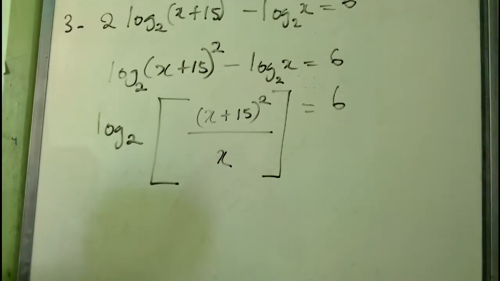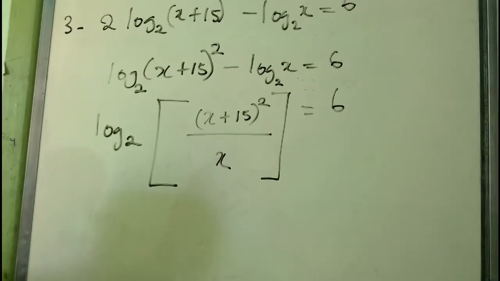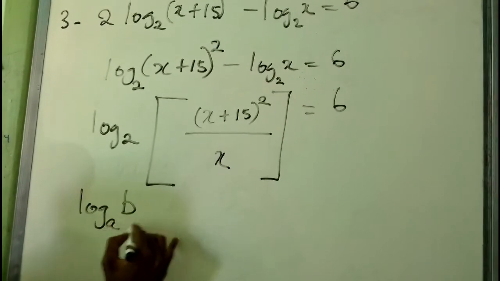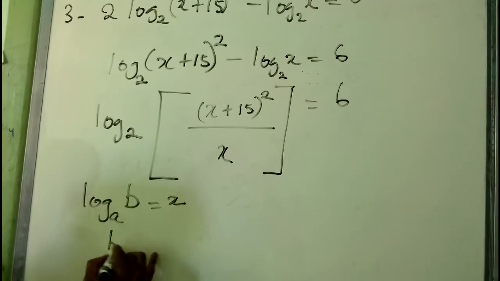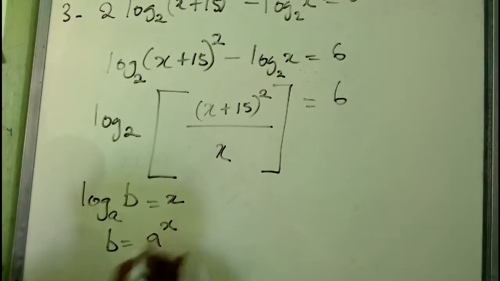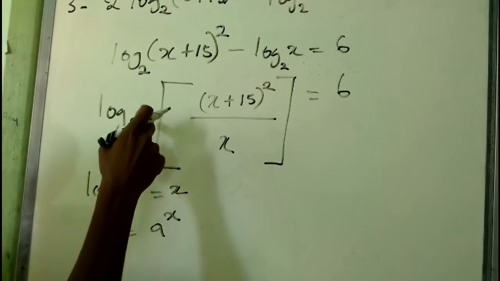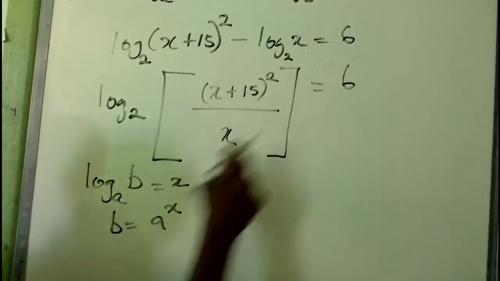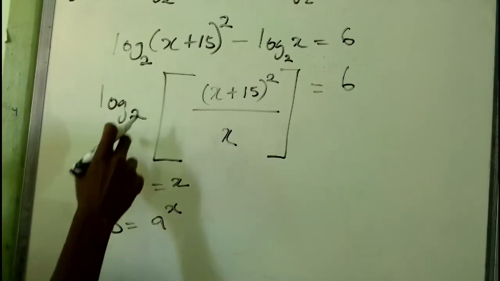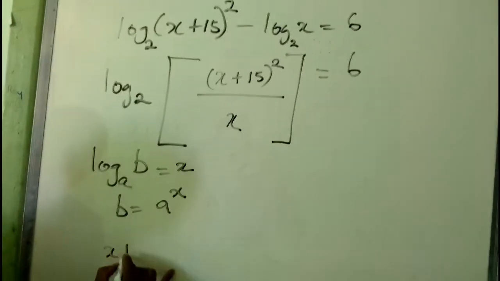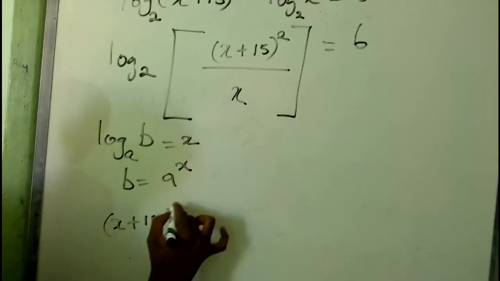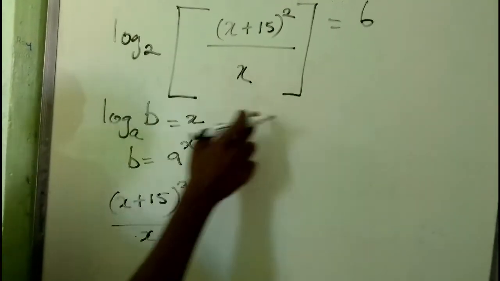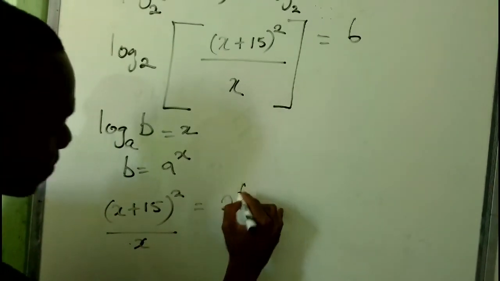As we did in the first question, remember we said if log of b in base a is equal to x, then b is equal to a to the power of x. In this case our a is the base 2, and our x is the 6. So we will have (x plus 15) squared over x being equal to 2 raised to the power of 6.